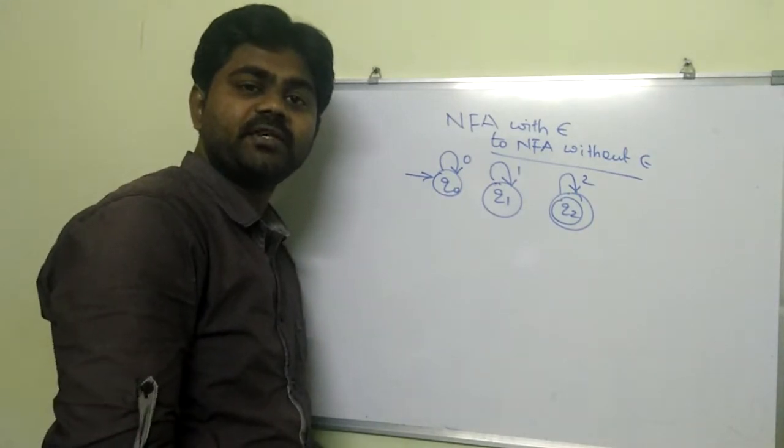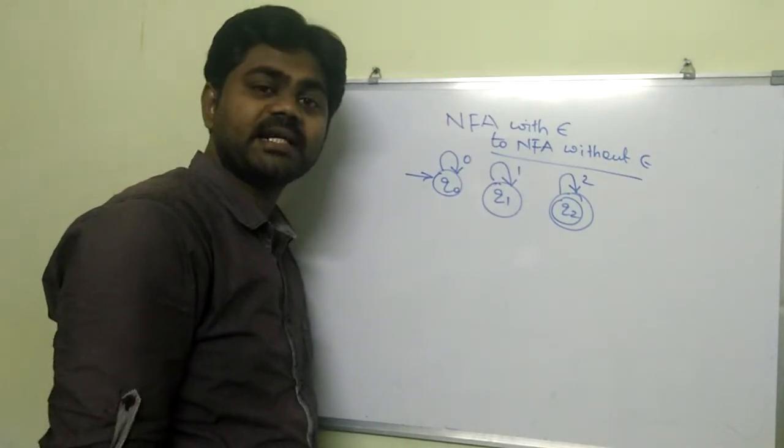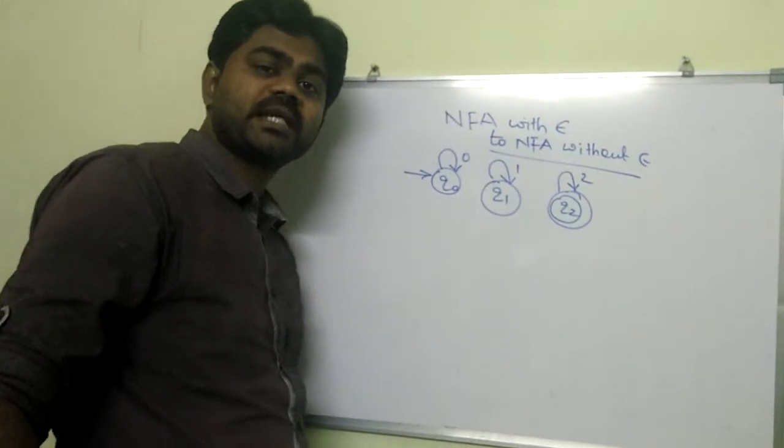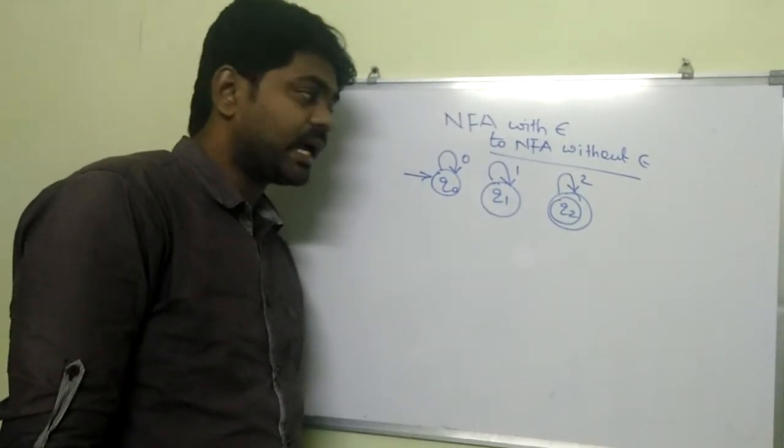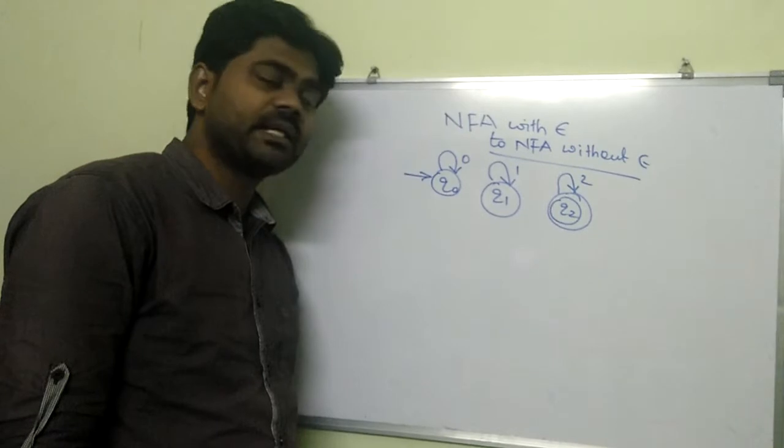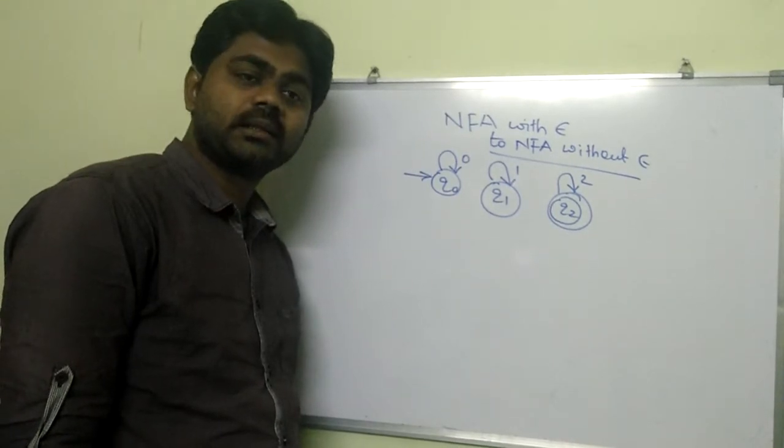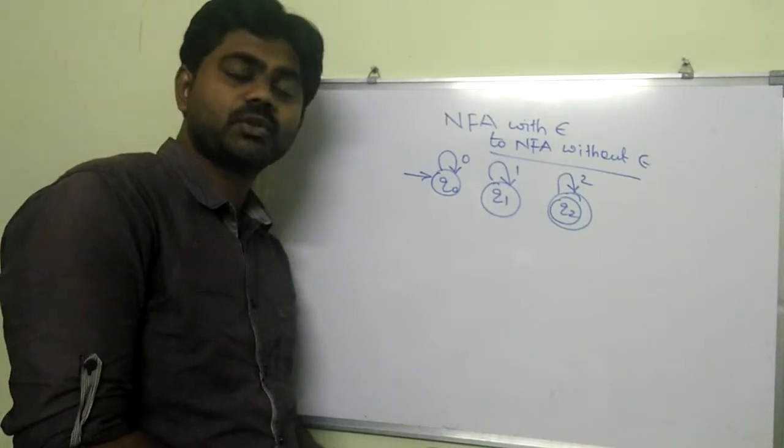So all three are individual here. Q0 is my starting state with any number of inputs 0, Q1 with any number of inputs 1, and Q2 with any number of inputs 2.